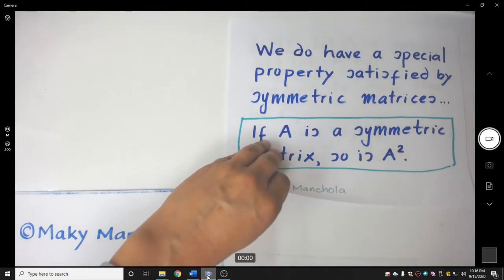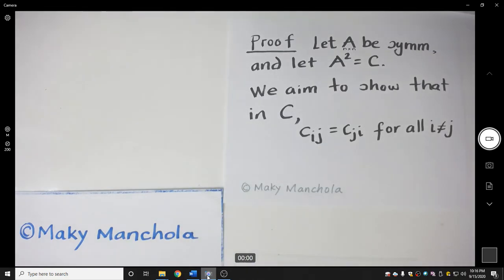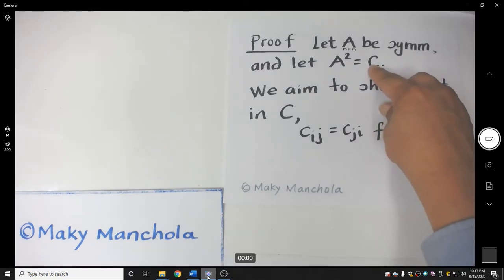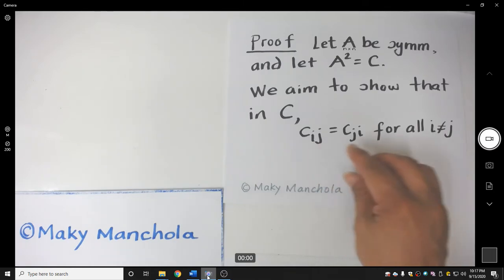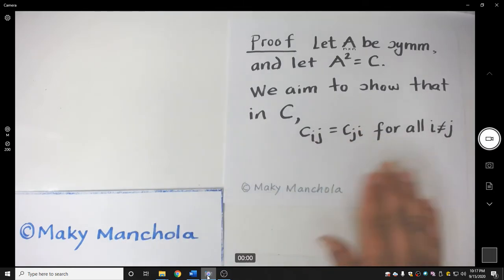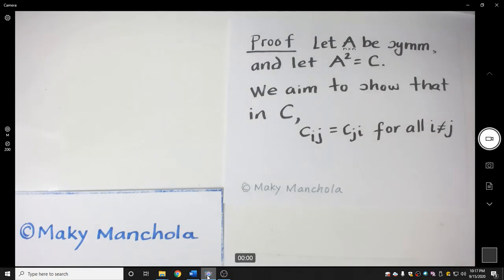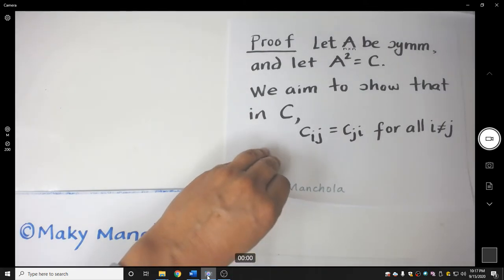Let's prove that. So let's begin with the hypothesis that A is an n by n matrix that is symmetric. And let A squared be the matrix C. What we want to show is that in the matrix C, the ij entry and the ji entry are equal for all i different than j. That, of course, is the definition of C being symmetric. Okay, so let's work this out.